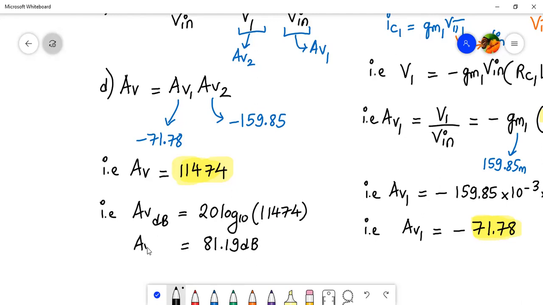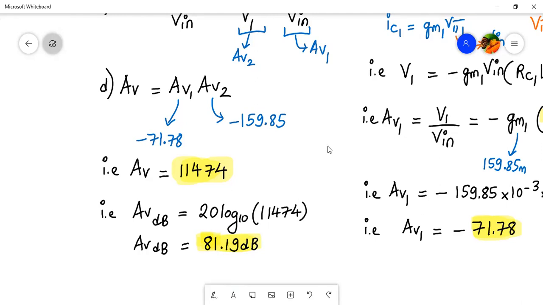So the gain in dB of the given cascade amplifier is 81.19. In terms of magnitude, it is 11474, and in terms of dB, the value is around 81.19.